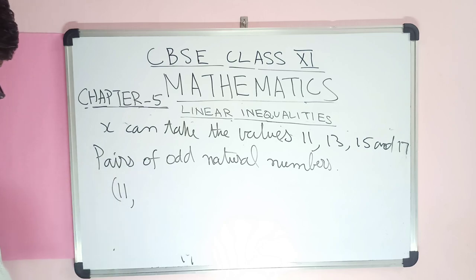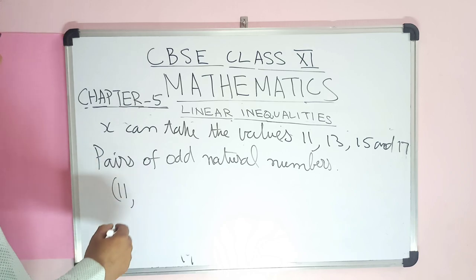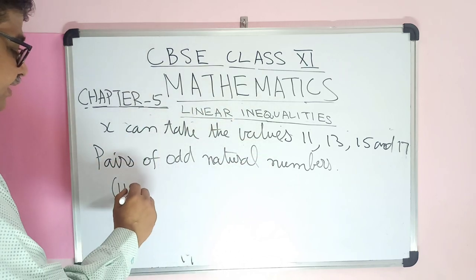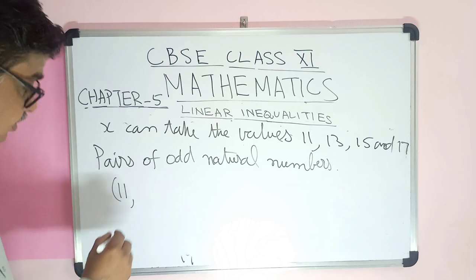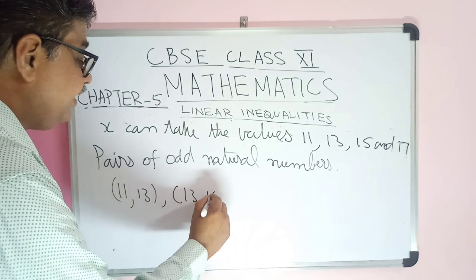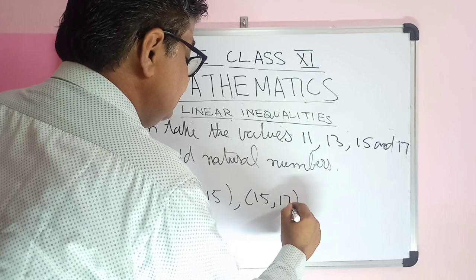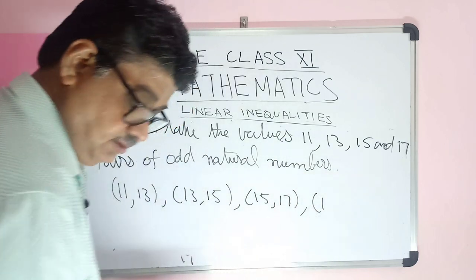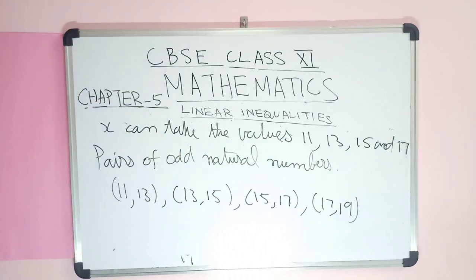Since x is greater than 10 and less than 19, the pairs are 11, 13; 13, 15; 15, 17; 17, 19. So these are the possible pairs.